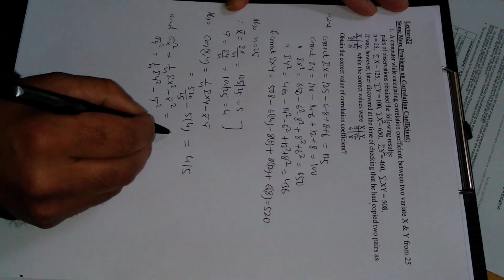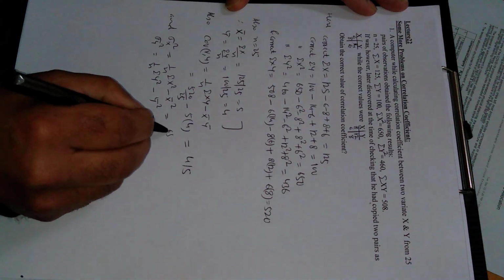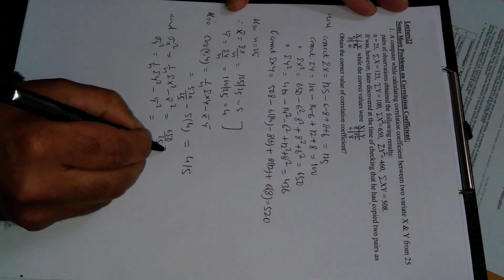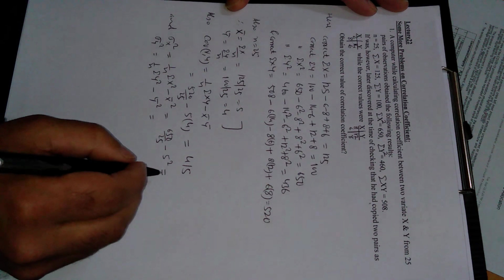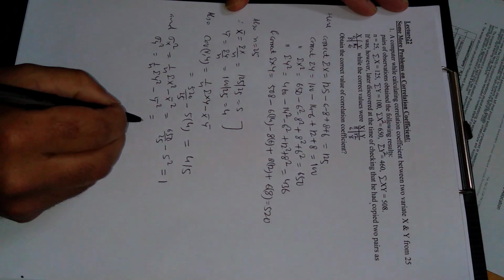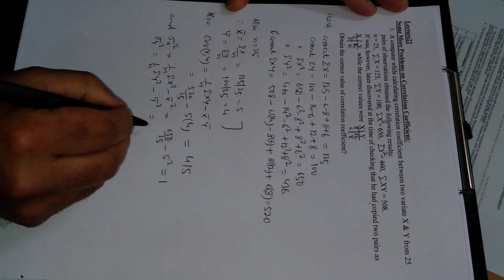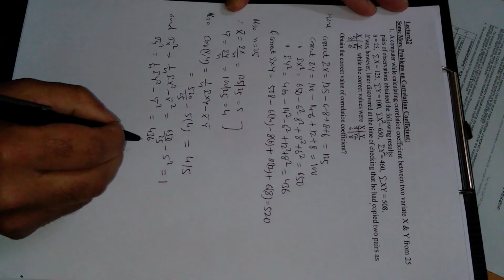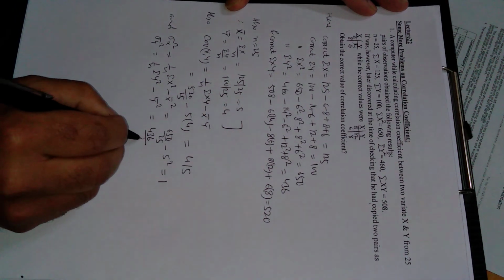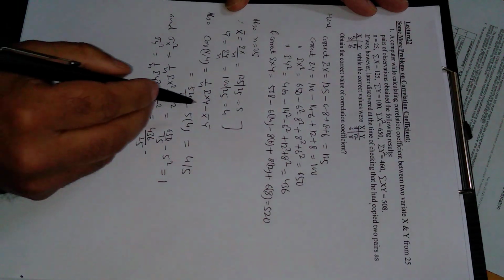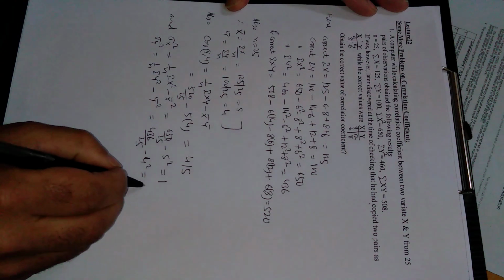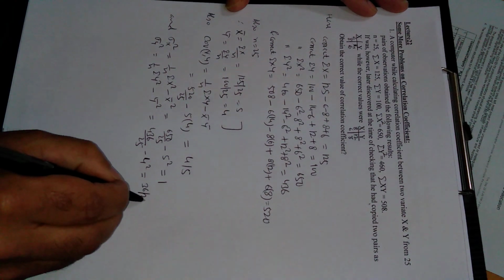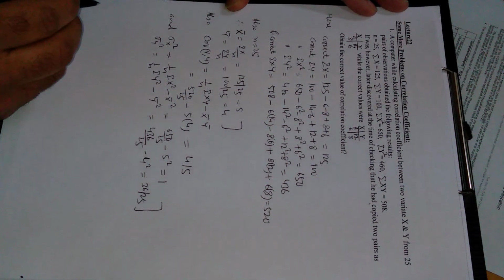Summation x square is 650 divided by 25 minus x bar 5 square, which on simplification will come out to be 1. And summation y square is 436 divided by 25 minus y bar 4 square, which on simplification will come out to be 36 divided by 25.